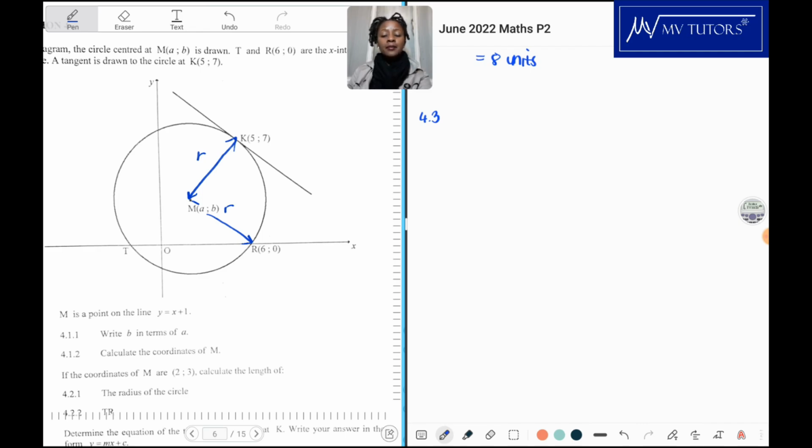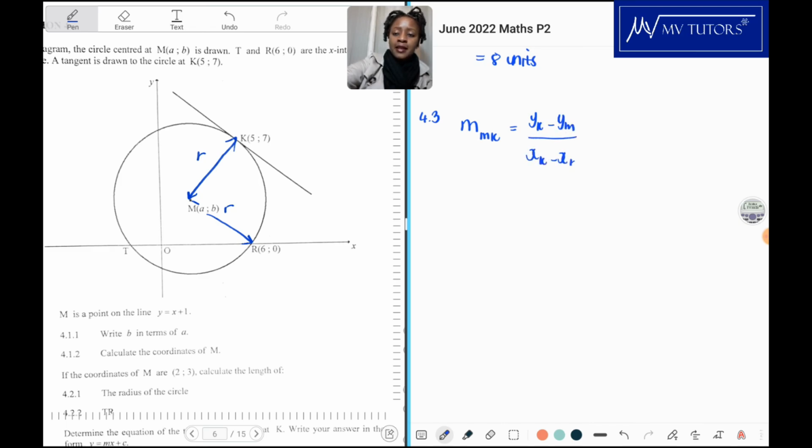because I know that the gradient of MK multiplied by the gradient of the tangent line has to give me negative 1. So let's first start by getting the gradient of MK. Let me just write out the equation. So yK minus yM all over xK minus xM.